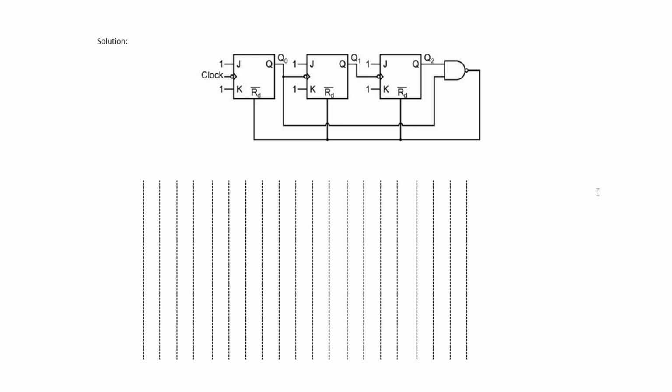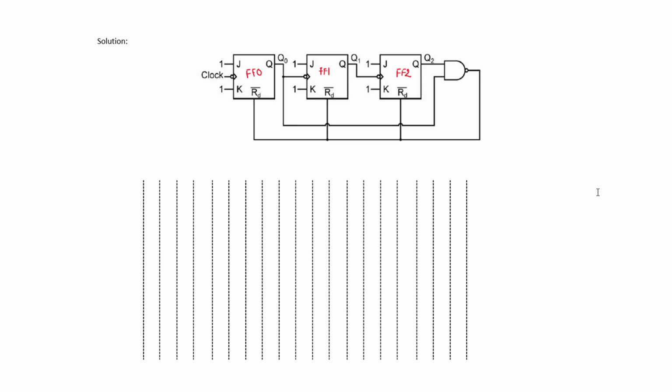Using this information, we can solve the given problem. Here 3 JK flip-flops are given, and all are negative edge triggered. The output of flip-flop 0 is connected to the clock input of flip-flop 1. Similarly, the output of flip-flop 1 is connected to the clock input of flip-flop 2. The NAND gate output is connected to the clear input of all the flip-flops.